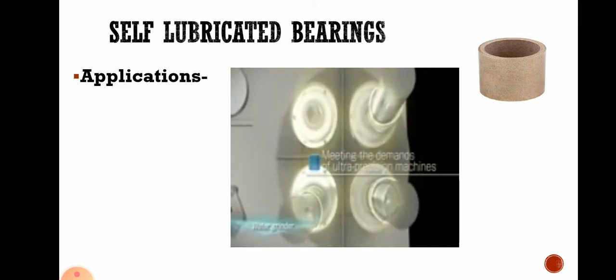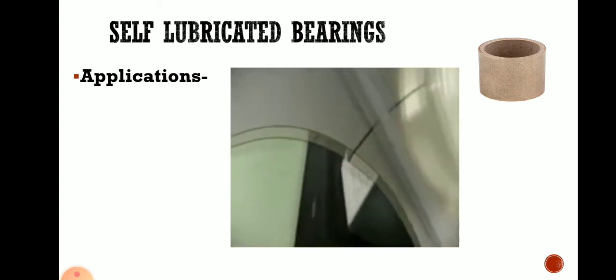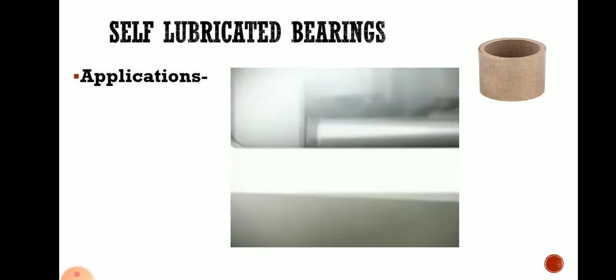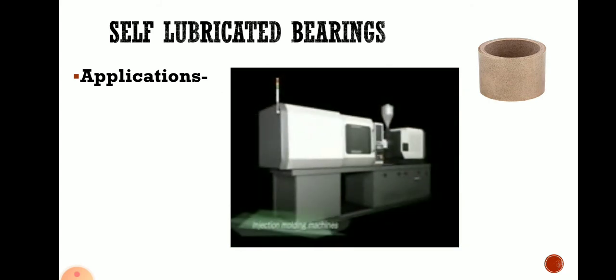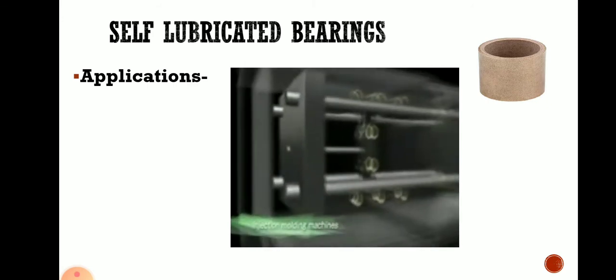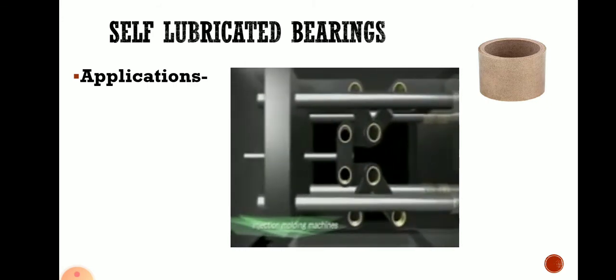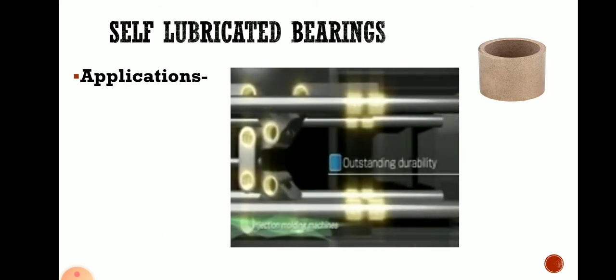Whatever applications I have now told you, the same applications are shown here in this video. This is an injection molding machine. Here also, see here, whatever is shown in silver color, those are the self lubricated bearings.